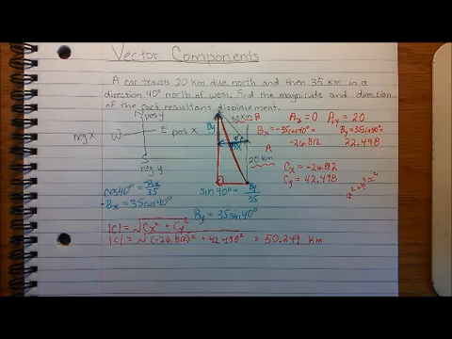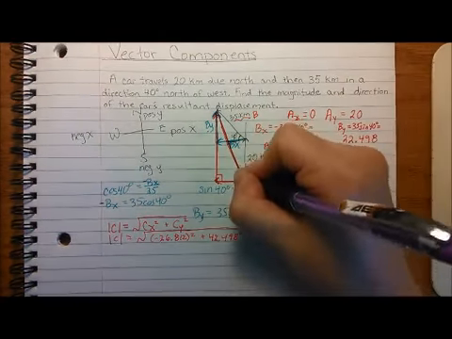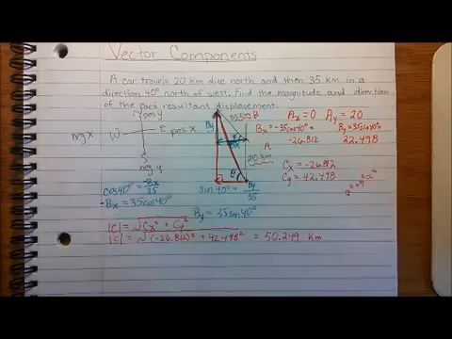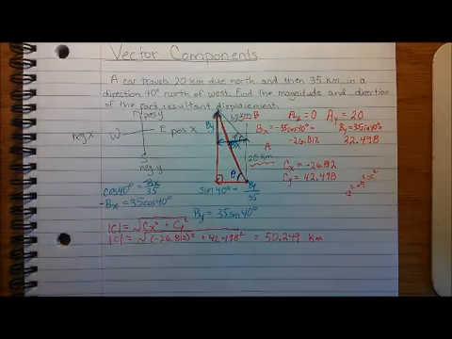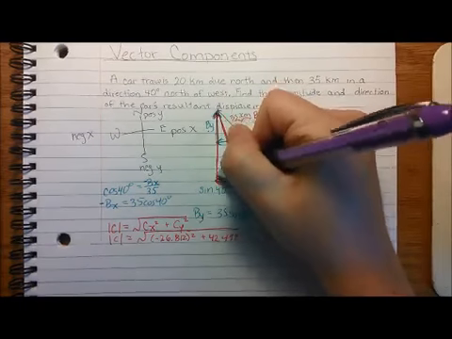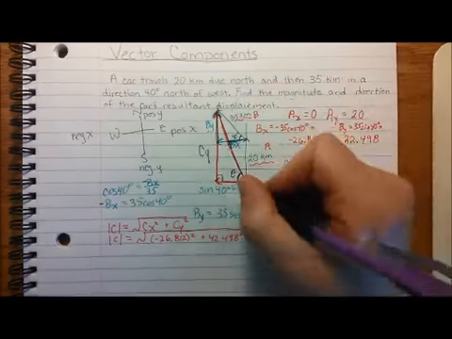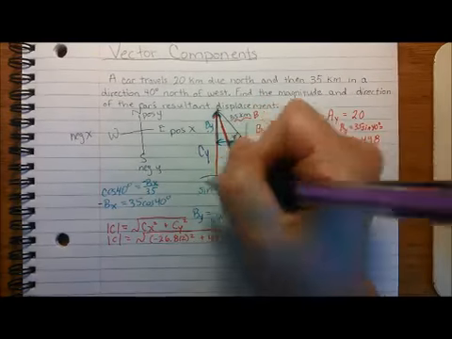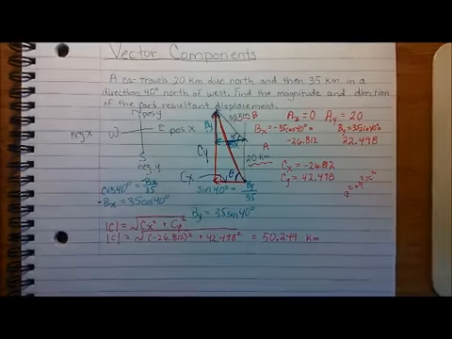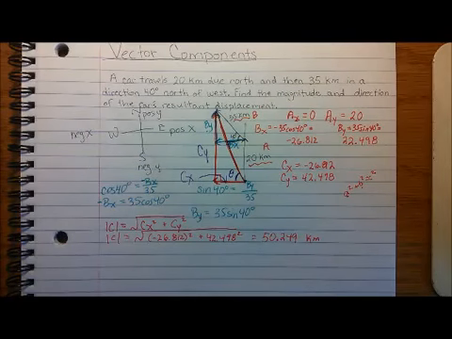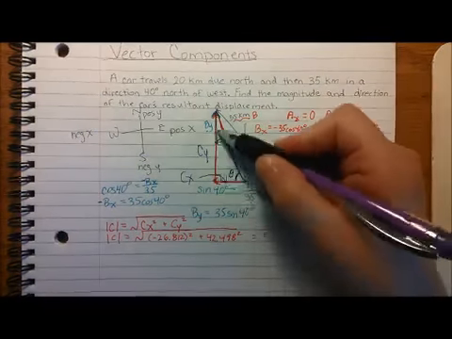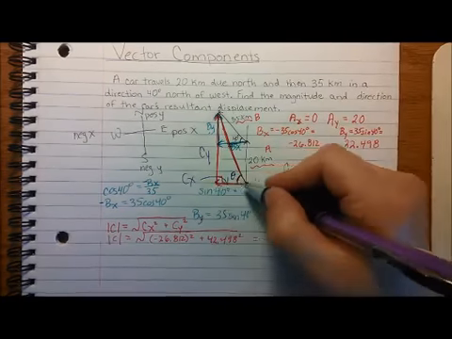We still need to find the direction. In this case, I'm going to switch colors here, switch to purple. We're trying to find this angle. Now, you should see that it's actually pretty easy for us to find that angle now. We know this whole y component, cy, and we know this whole x component, cx. You should be able to see that we can just use the tangent function, opposite over adjacent.